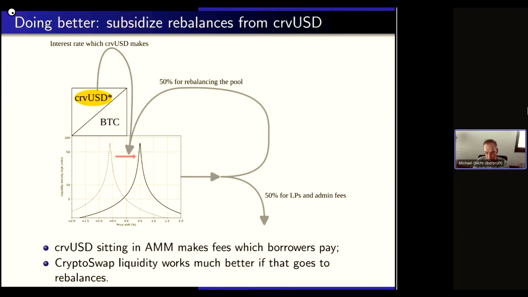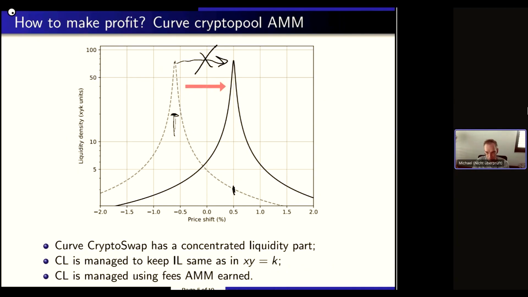And the issue is this. Let's go back here. Imagine that you are sitting somewhere here on the edge of concentrated liquidity, and there is no budget to move it. You are earning money at a smaller rate because your liquidity is not concentrated, and you need to move all this heavy beast to the new place.